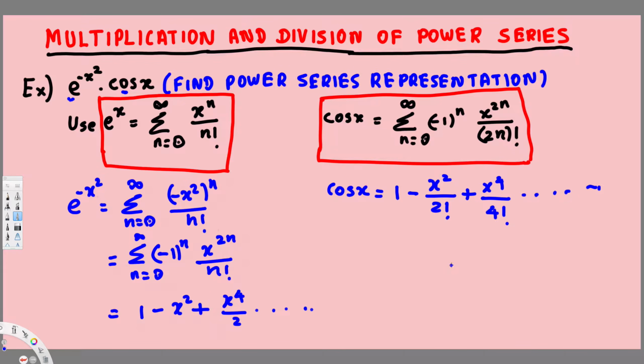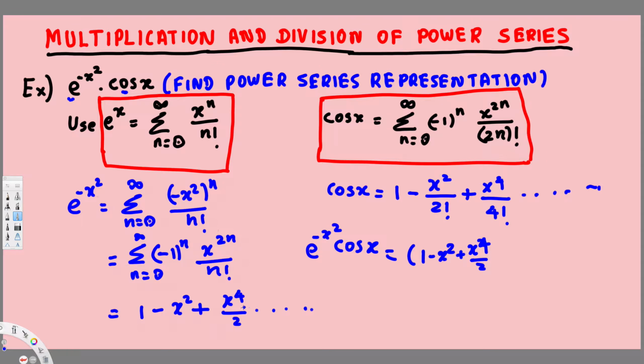Now we have some of the terms, and let's see how we can use this to find this expression. All we have to do is multiply these terms together. The main expression is e power minus x square cos x. That's what we are trying to find. So to find that one out, we take e power minus x square, so let's say 1 minus x square plus x power 4 over 2.